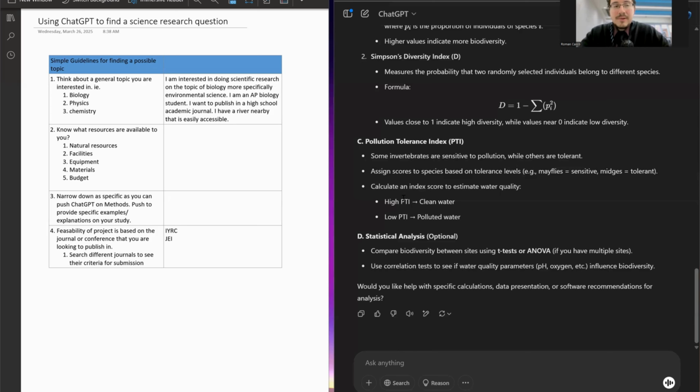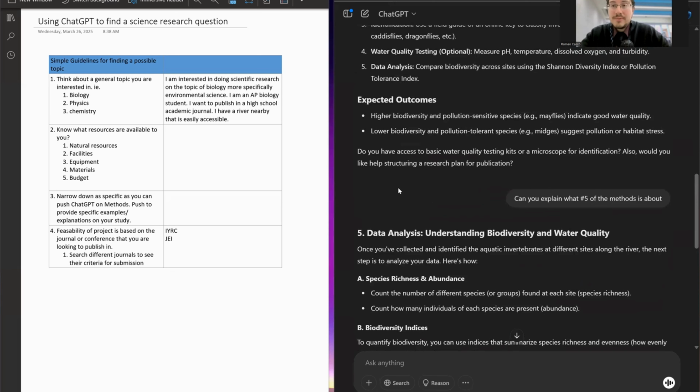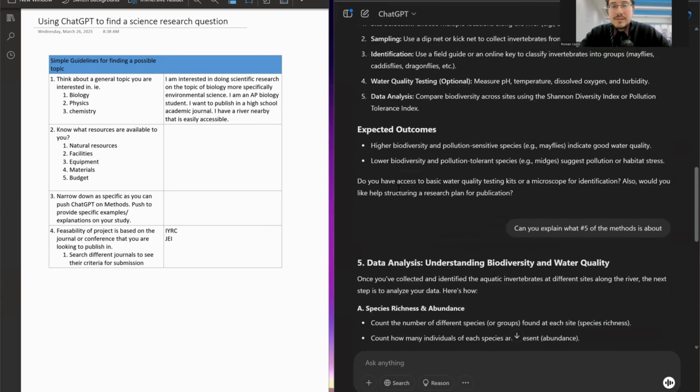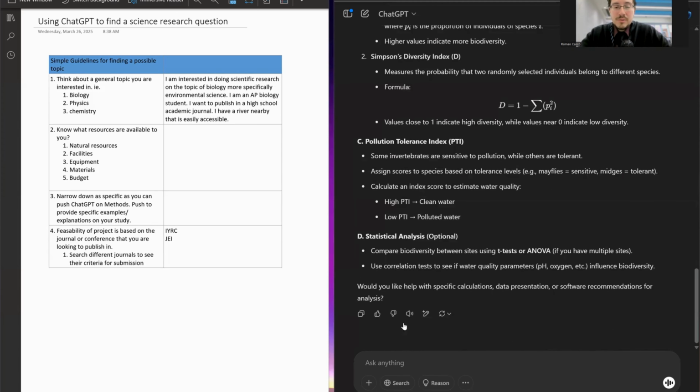Okay. Now I want to talk about resources. Let's say you have a river nearby, but you don't have lab grade resources to measure water quality. So this is something that you need to think about, but you do have a budget, right?